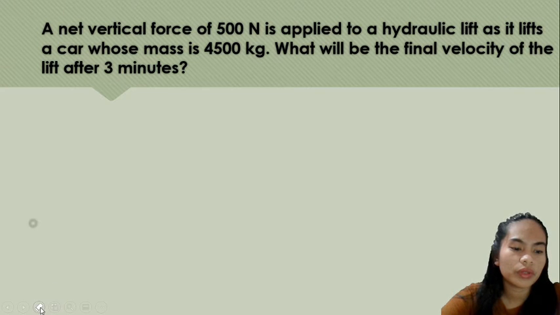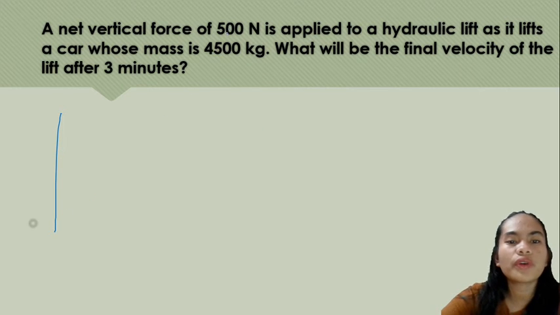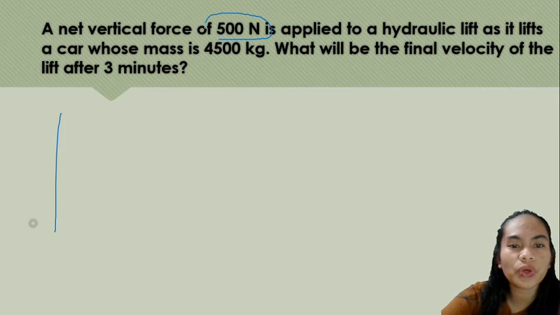When we say vertical, it looks like that. So, the vertical force is 500 newtons, and it is applied to a hydraulic lift as it lifts a car whose mass is 4,500 kilograms. What will be the final velocity of the lift after 3 minutes?